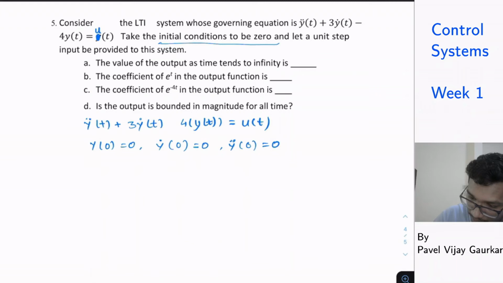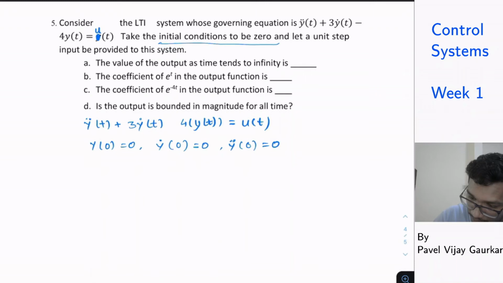So we'll have the quadratic term s square, the linear term here as 3 into s, minus 4 as the constant, into u of s.